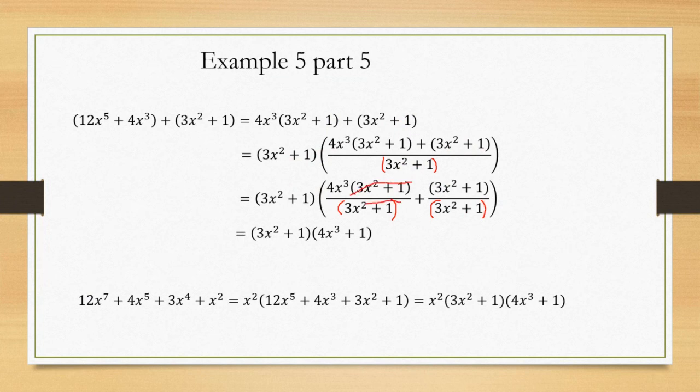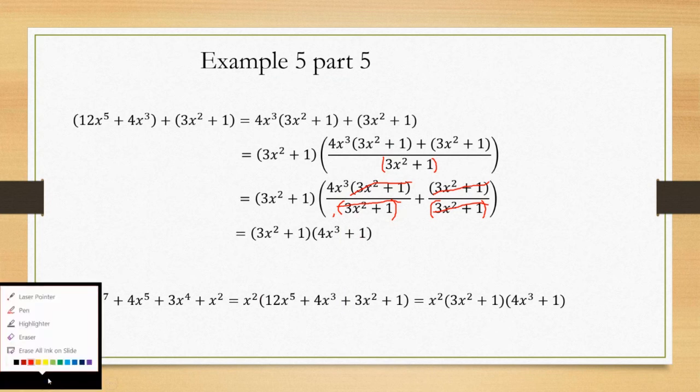In the first quotient, all you get left is 4x cubed. From the second one, 3x squared plus 1 cancels with itself. You're left with 1, and that's it. So altogether, we got x squared times this. This was the first step, and then we just factored this. We get x squared times 3x squared plus 1 times 4x cubed plus 1.